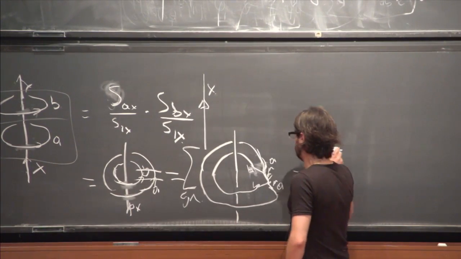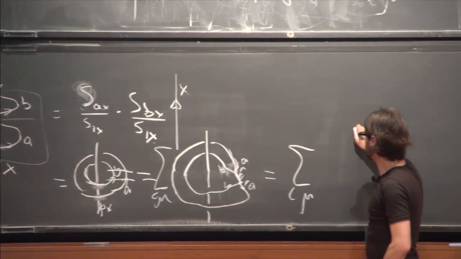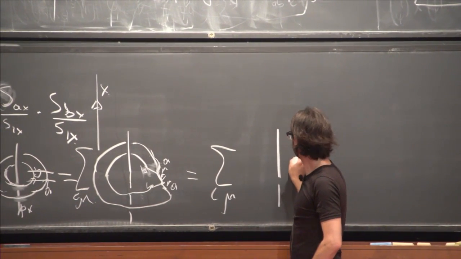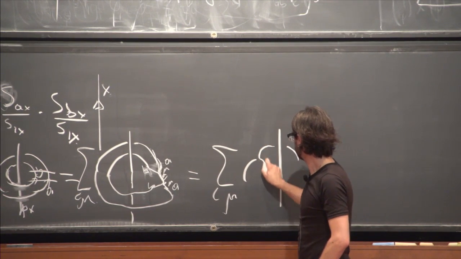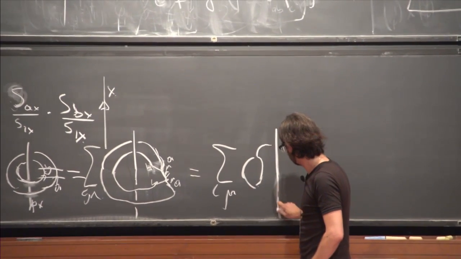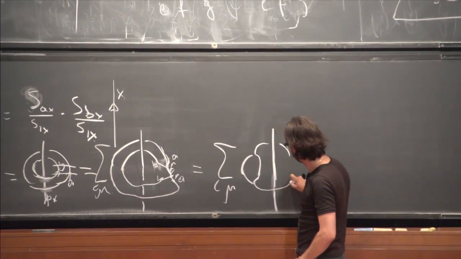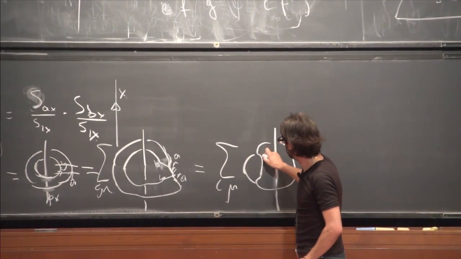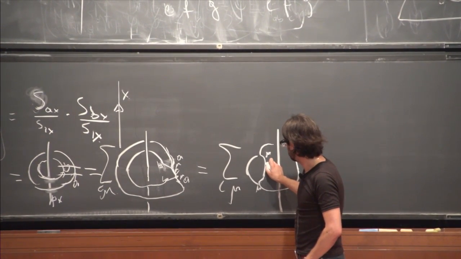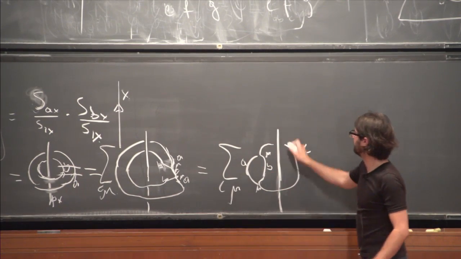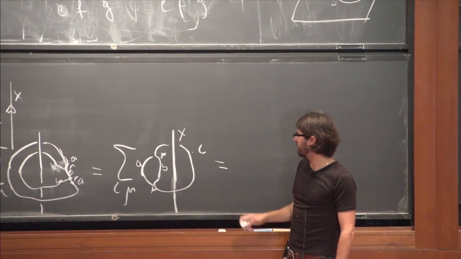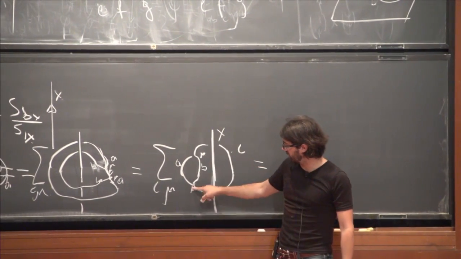So this is identical, sum over C and mu of this. This is B, this is A, this is X.